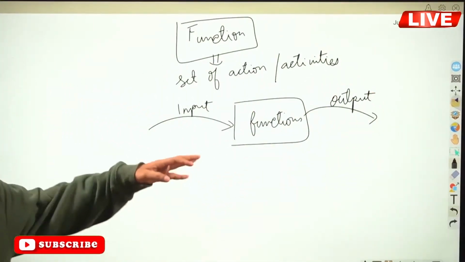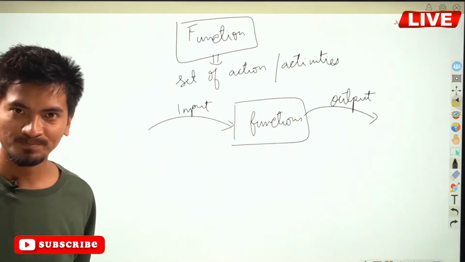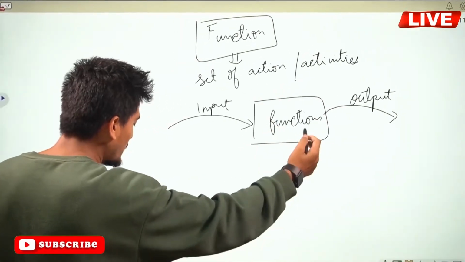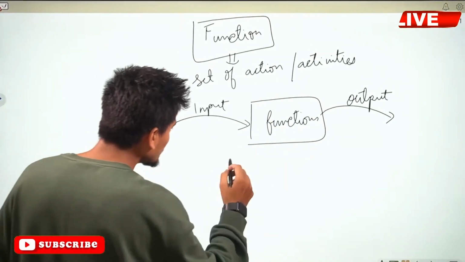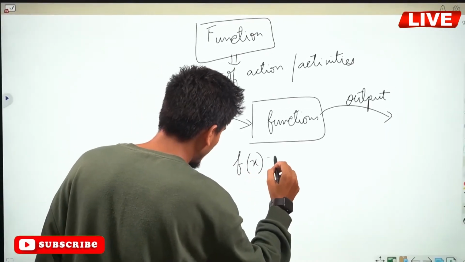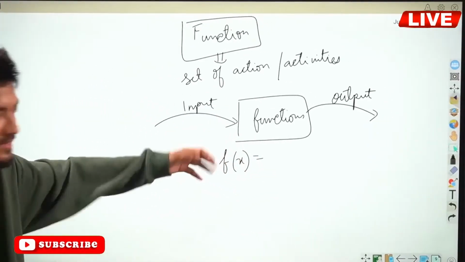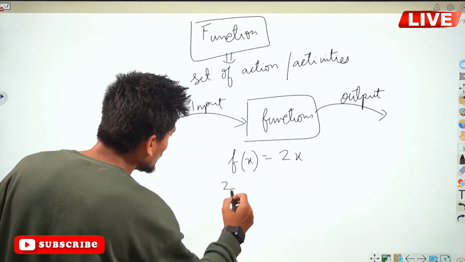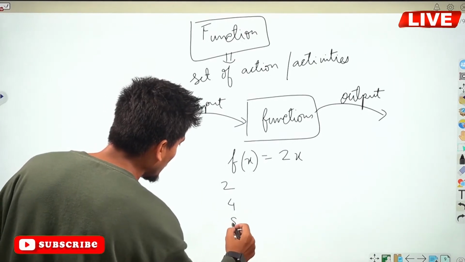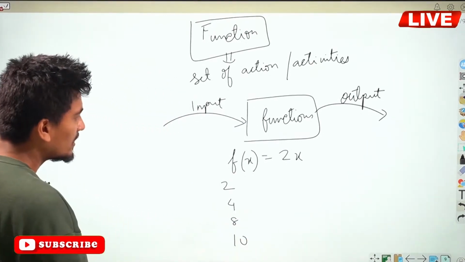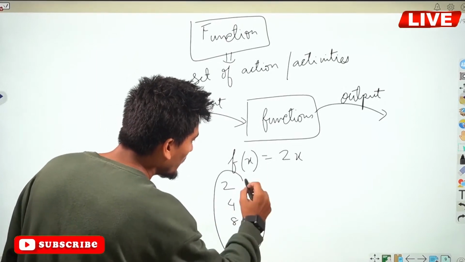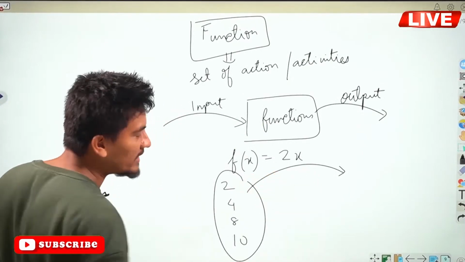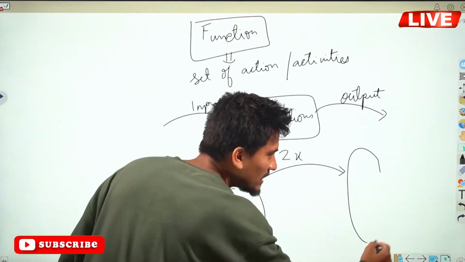So definitely there is a relationship between the two, right? Now the machine is, say for example, f of x is equal to, we always denote it like this, 2x. And we have the elements 2, 4, 8, 10. Then obviously we will get some output if we use this function 2x.